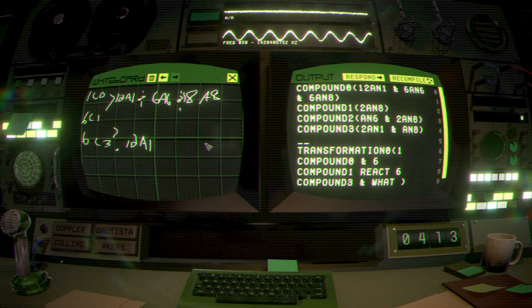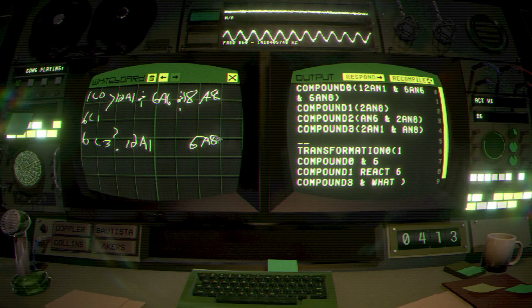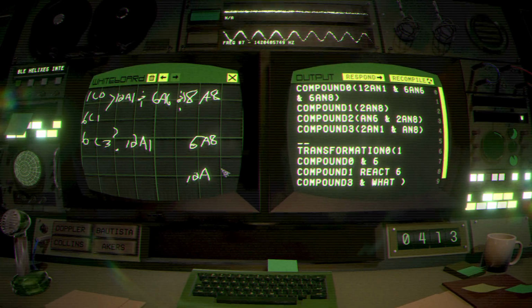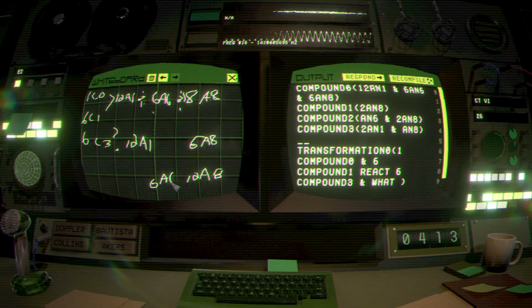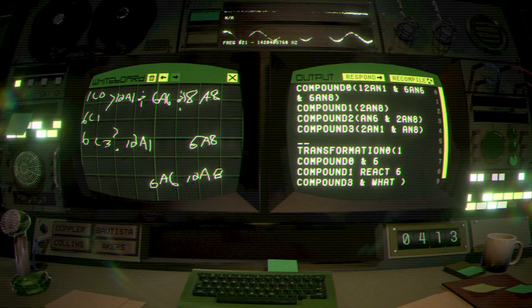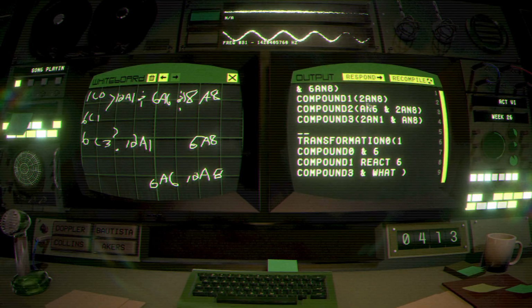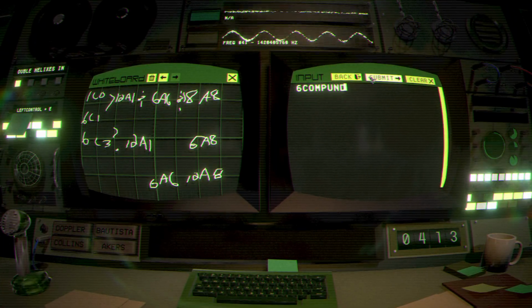And we have 6 A and 8s. So what are we missing? We need 12 A and 8s, 6 A6s. And 6s. So we need 6 compound 2s. Okay, so 6 compound 2.